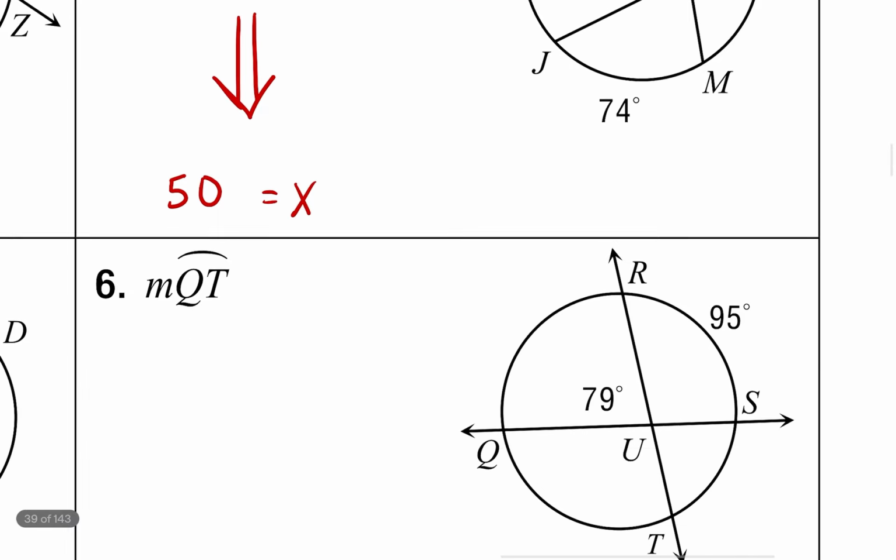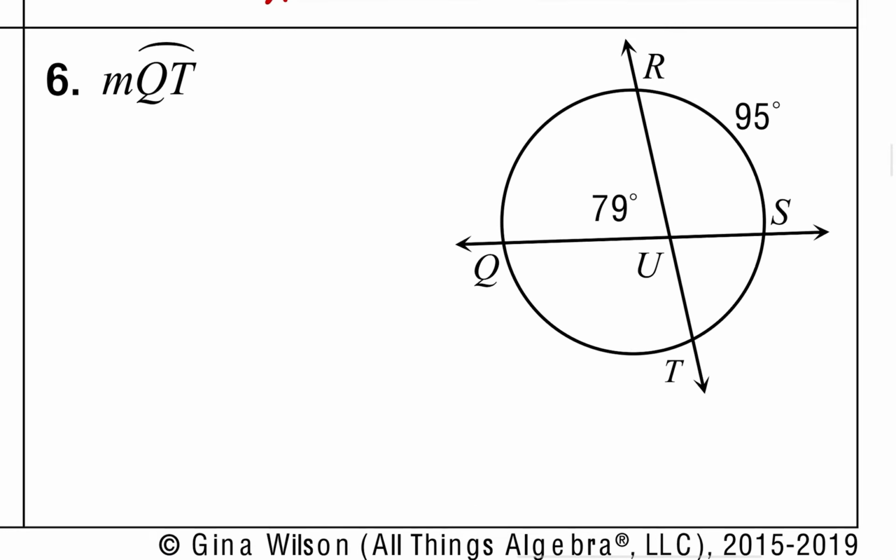Okay. Let's move on to number 6. With number 6, they're asking for arc QT.